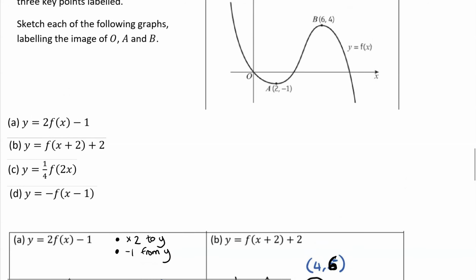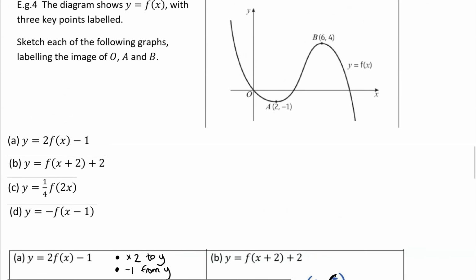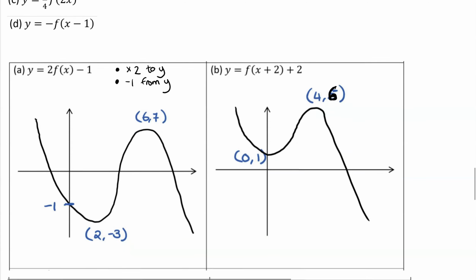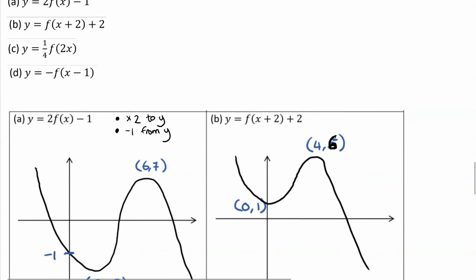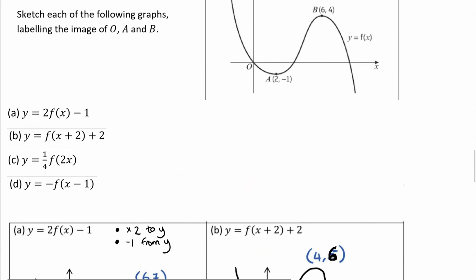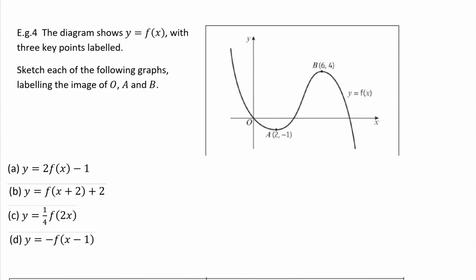However, you've doubled every y, and then you've taken one away, so that 4 becomes an 8, take one away, you're going to get 7. That minus 1, double it for minus 2, and then take one away, you get minus 3. And also look at what happens with the origin.